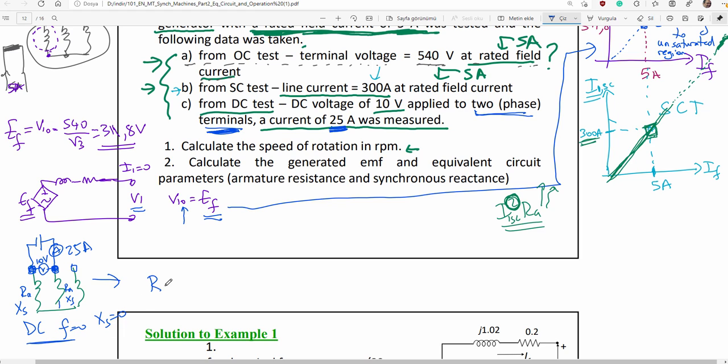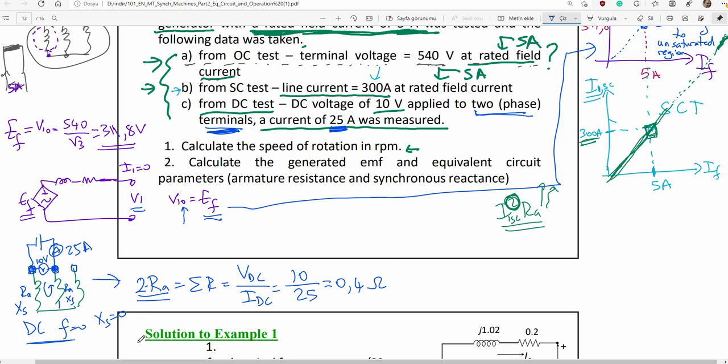So double Ra, which is the total resistance around this loop, is equal to the voltage applied over the current drawn, which is 10 over 25. 10 over 25 makes 0.4 ohms.